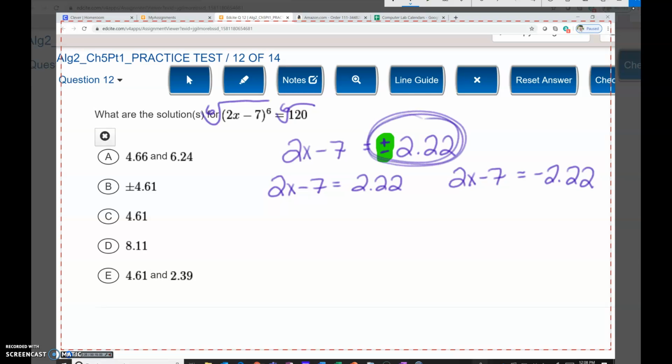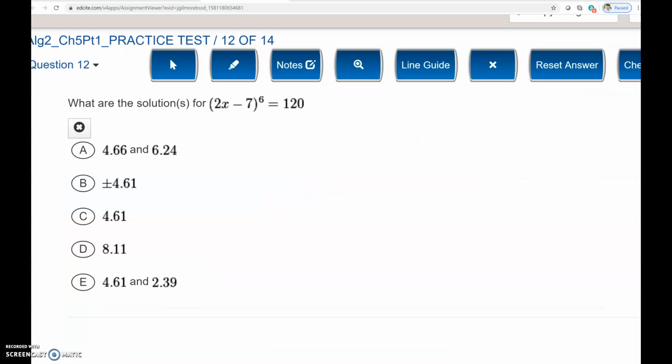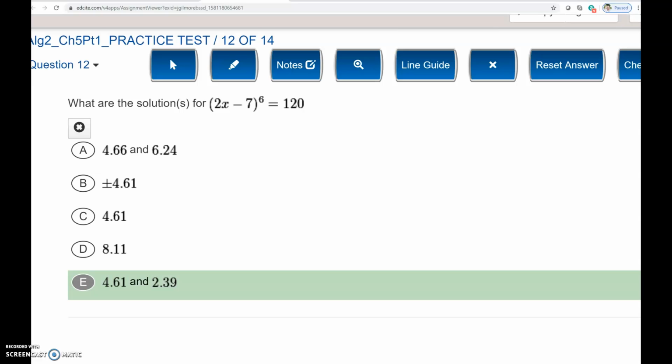Take this thing and use it to split into 2 separate equations and solve both equations. That's going to help you to get this as your correct answer. Okay, so that one's your correct answer for that.